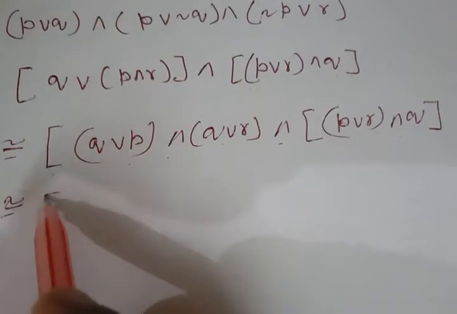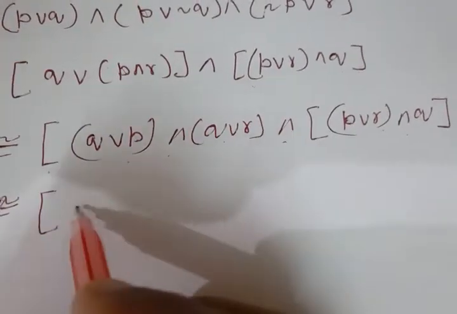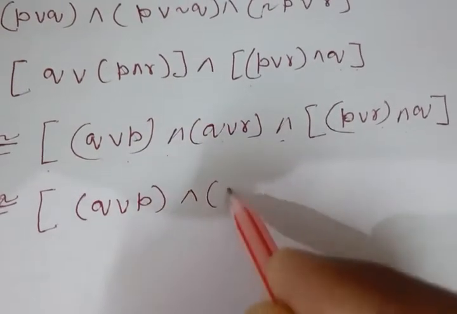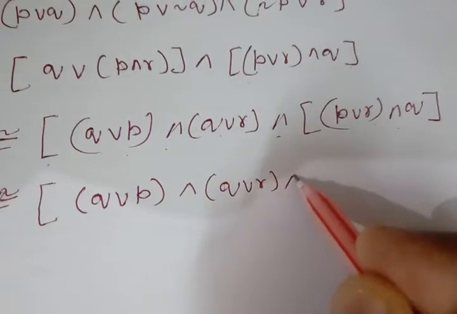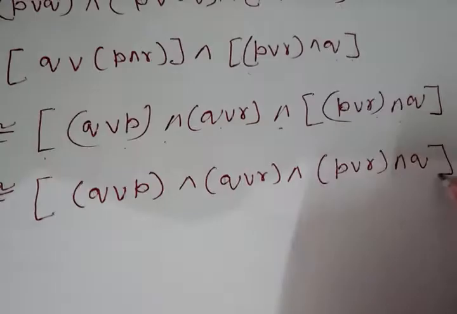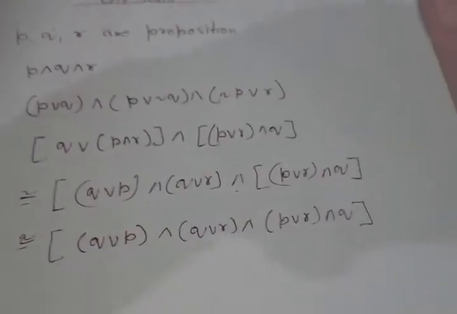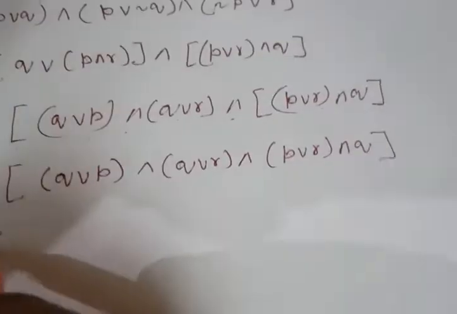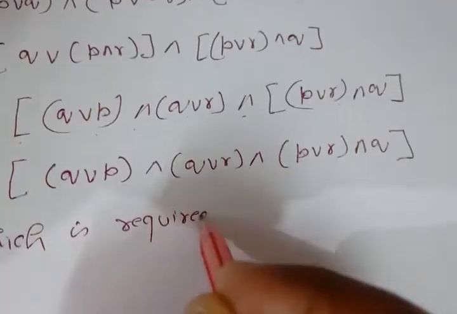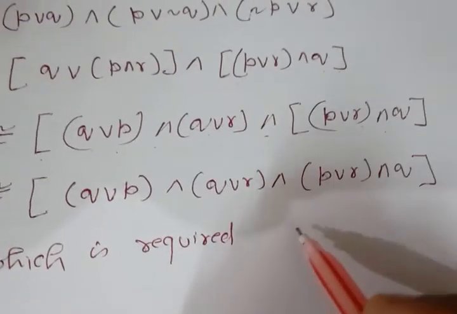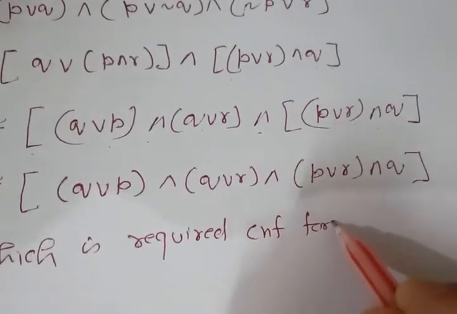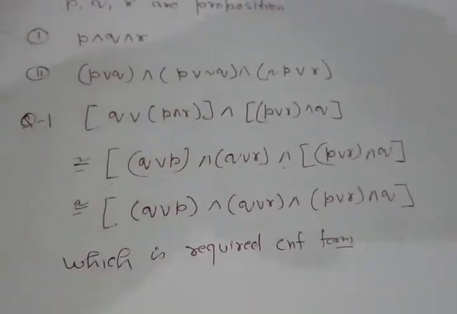So in the next step we will remove all the brackets. We get Q or P conjunction Q or R conjunction P or R conjunction Q, which is our required CNF form, because all the compound statements are attached to each other by the connective conjunction.